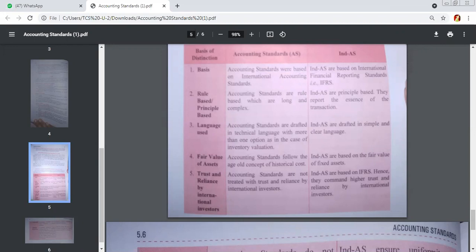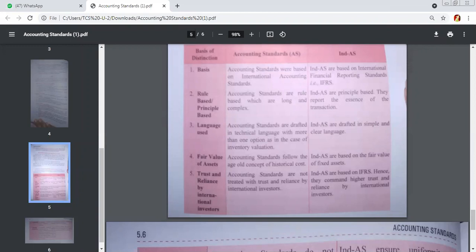The language used: accounting standards are drafted in technical language, while Indian accounting standards are drafted in simple and clear language. Fair value of assets: accounting standards follow the age-old concept of historical cost. The Indian accounting standards are based on the fair value of fixed assets.